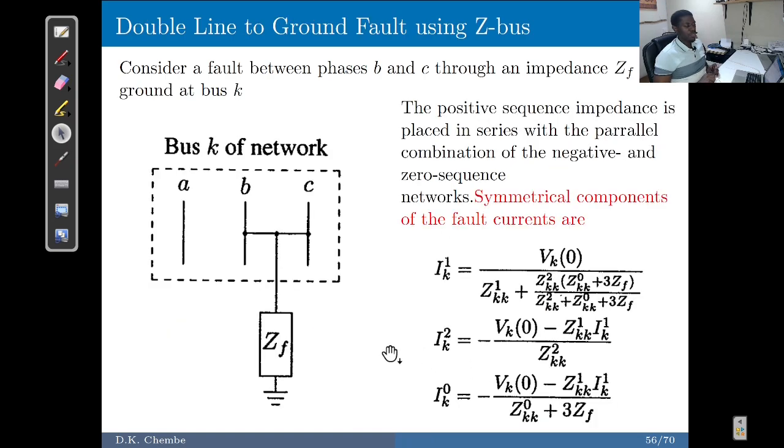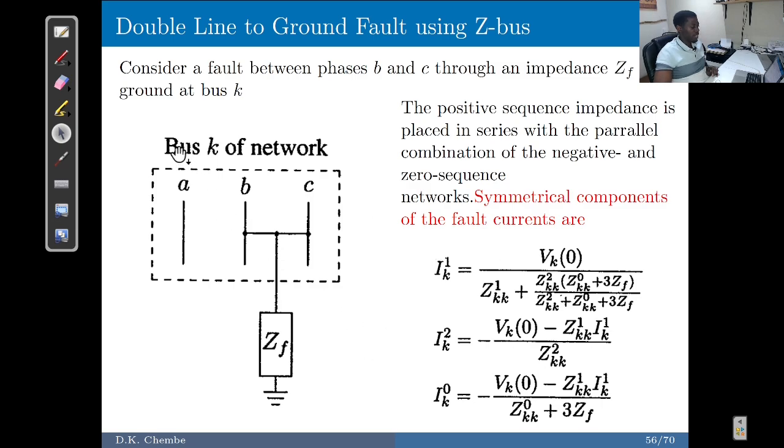For the double line to ground fault, this is where you've got a line to line and then two grounds through a Z fault impedance. Then the positive sequence impedance is placed in series with the parallel combination of the negative and the zero sequence. I'm sure you remember this.